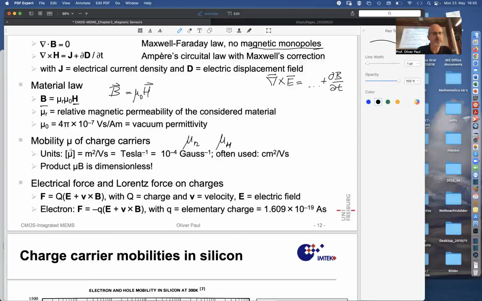So mu n would be the mobility of electrons, of the n carriers. Mu h is the Hall mobility, and I could add comma n if I wanted to say the Hall mobility of electrons. So those mu's have the units square meter per volt second, and when you know what Tesla is, this is just inverse Tesla.